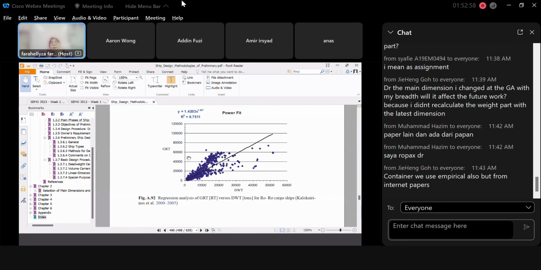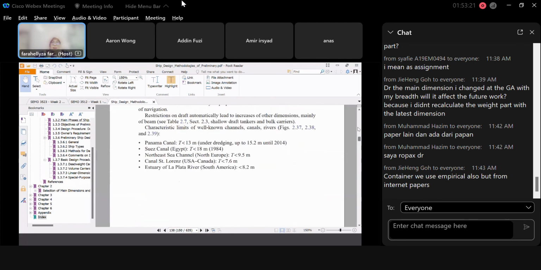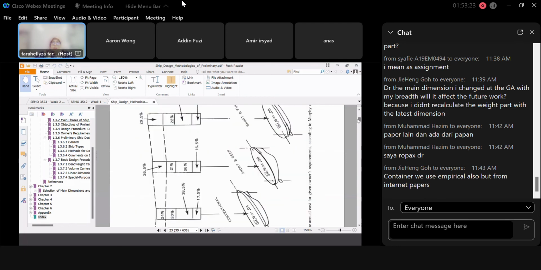So you have 40,000 GRT, then you convert to DWT, so it's about 20,000 deadweight tonnage. From that deadweight tonnage, you can get the displacement. From that displacement, you can get your LBDT basically. So this is some regression diagram, some empirical.